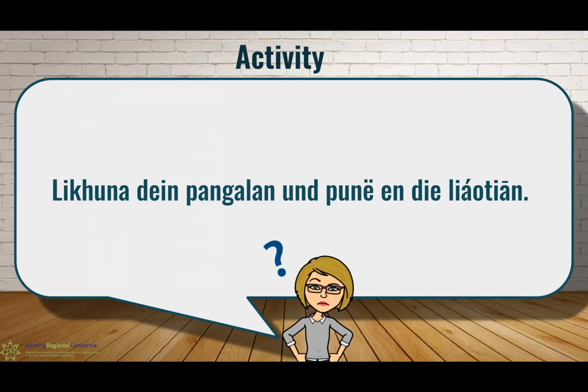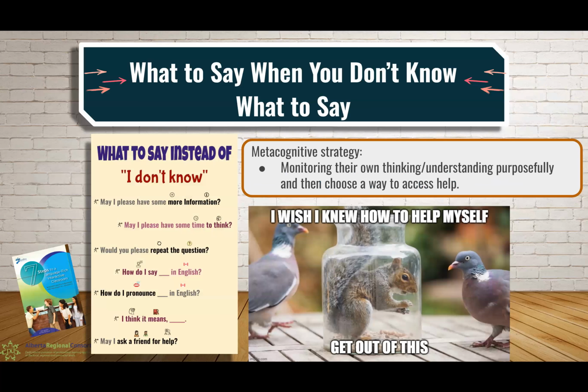So let's try this activity again. Let's see what we can do to help with that communicative competence. Okay, so again, I'm going to give you a tool here. It's called What to Say Instead of I Don't Know, and it's a bit of a metacognitive strategy. If you think about independent learners, they have the language to help them figure things out.